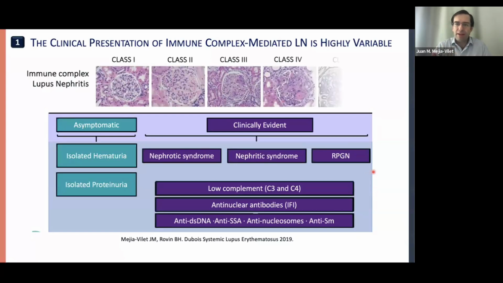And in many tests, the USMLE and many others at your local universities, always make this question about a patient with an asymptomatic disease, and we usually think it may have a class 2, for example, lupus nephritis, or a patient with nephrotic syndrome. We believe this patient has a class 5.